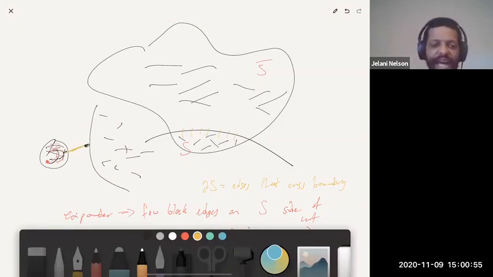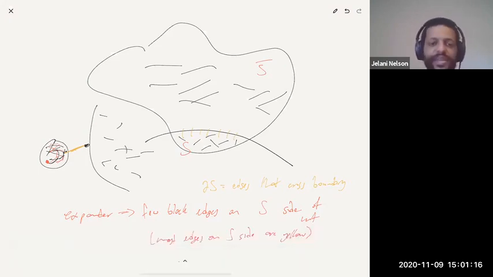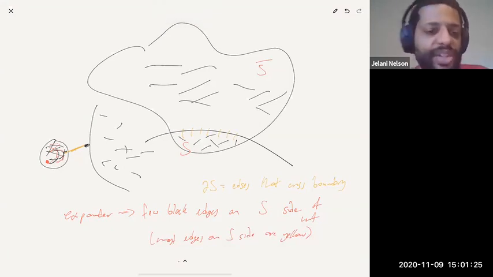So we say that the cut that separates S from S bar is an impediment to the random walk mixing quickly. You want to say that there are no such impediments, no cuts that are very sparse, that have very few edges crossing the cut. If that happens, it's not good. Random walks don't mix quickly. So that's a related definition to expanders. That's the definition of what's called a spectral expander, which you can show has a connection to the definition that we talked about. But anyway, that's enough of an aside.